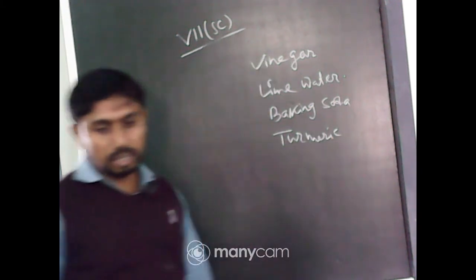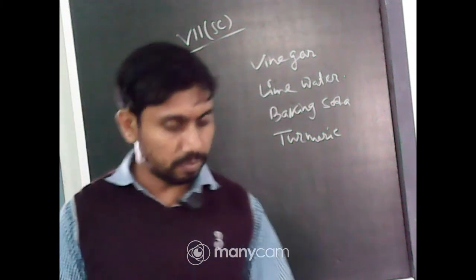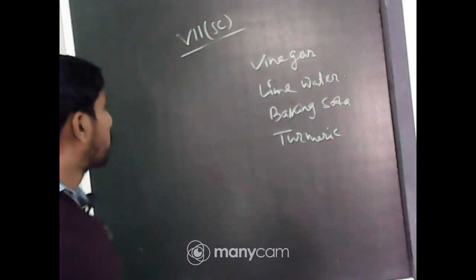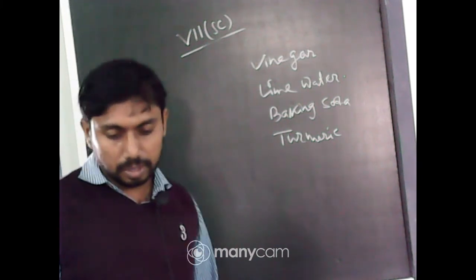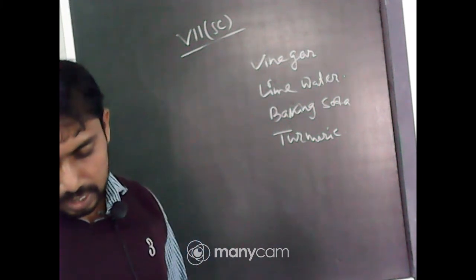Which one is natural? Acid base indicator, obviously turmeric. Okay. Next.